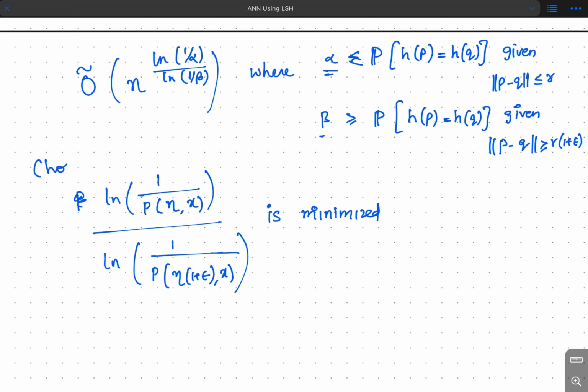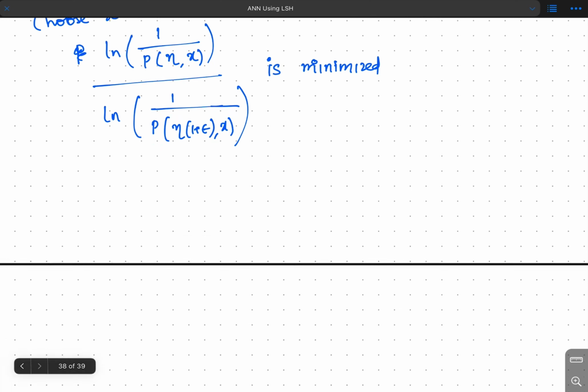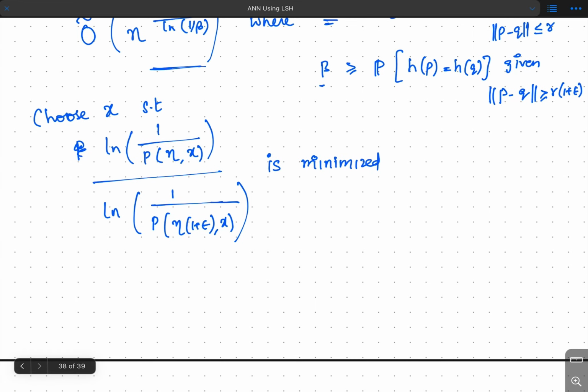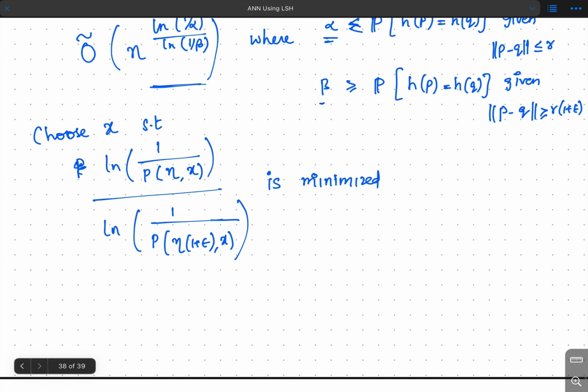So we want to choose the parameter x such that this quantity is minimized. That's when the query time will be minimized.